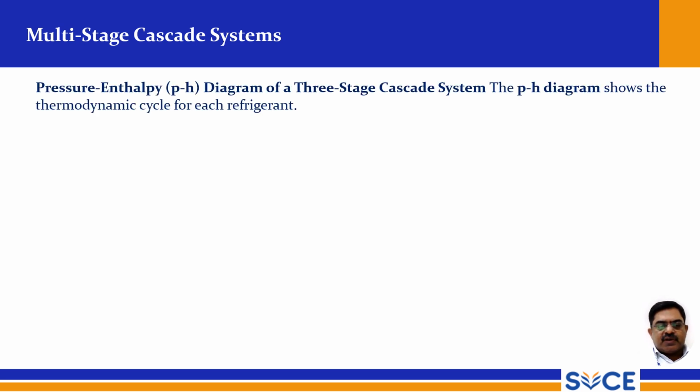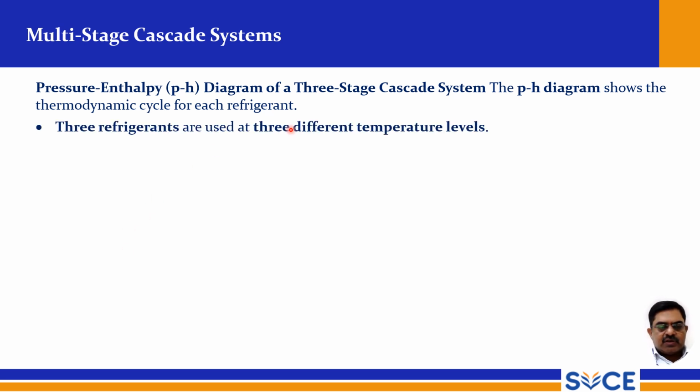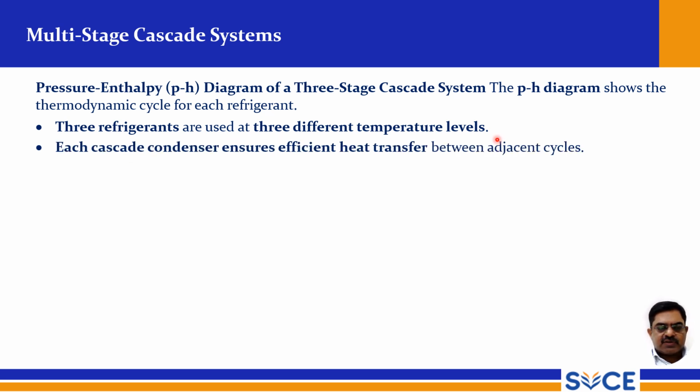So the pressure enthalpy diagram of the three-stage cascade system shows the thermodynamic cycle for each refrigerant. So three refrigerants are used at three different temperature levels. Each cascade condenser ensures efficient heat transfer between adjacent cycles.